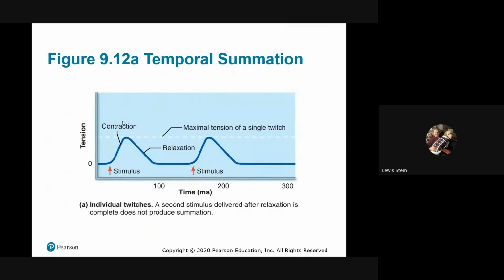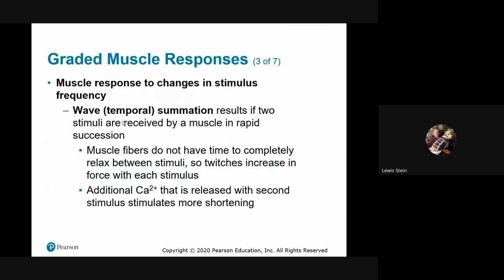What happens, the whole idea of a twitch, is something that ordinarily we only see when we're inducing it in the laboratory, barring an injury in the nervous system or the muscular system, and that they summate over time. And when we increase this frequency a little, they'll start to summate. Why? Because we're pumping out calcium before all the calcium is brought back in and the muscle completely relaxes.